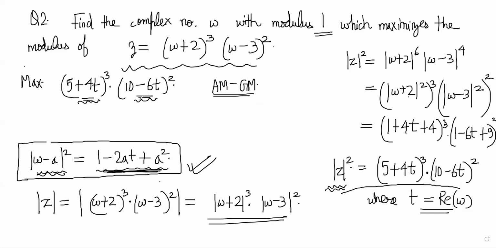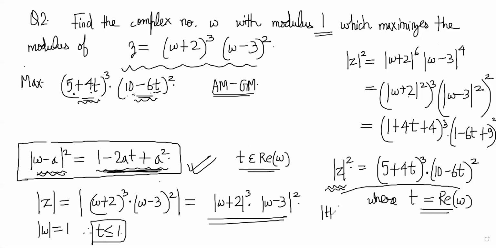Then only we can apply AM-GM. Why are they positive? Because t was the real part of w and mod of w was 1. So therefore the modulus of t must be less than or equal to 1. Then 5 plus 4t is positive and 10 minus 6t is also positive. Mod t less than or equal to 1 means t can be between minus 1 and 1. So in no case can these two quantities be negative. So we can apply AM-GM.